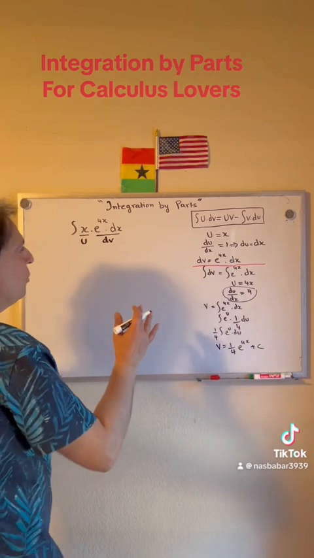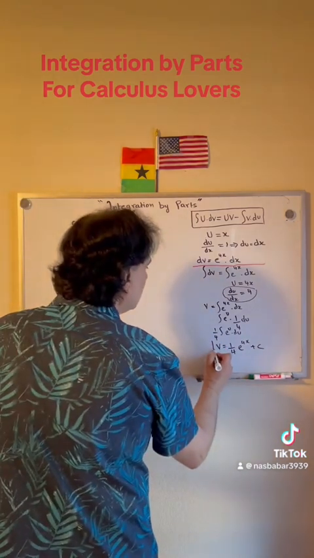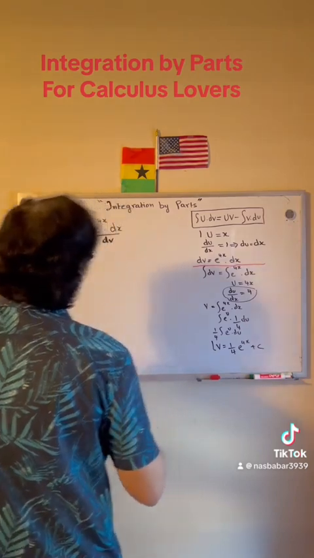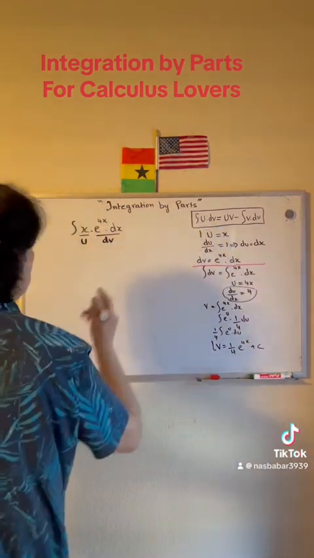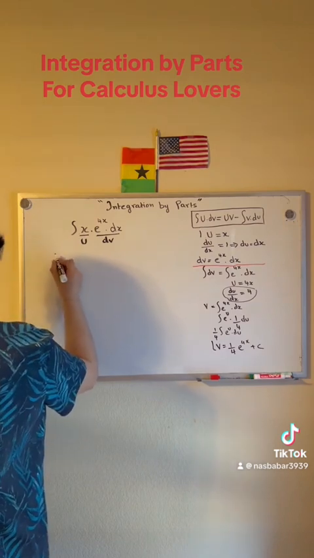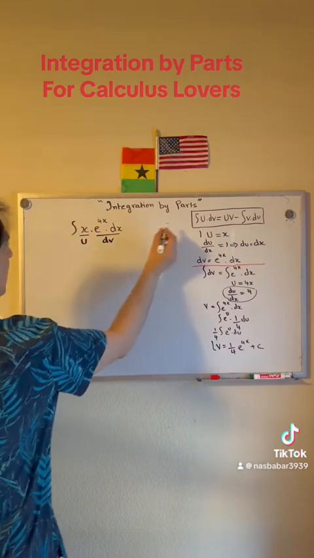Now we know what v is and we know what u is. So now we can use this formula and do the work. We say u times v.